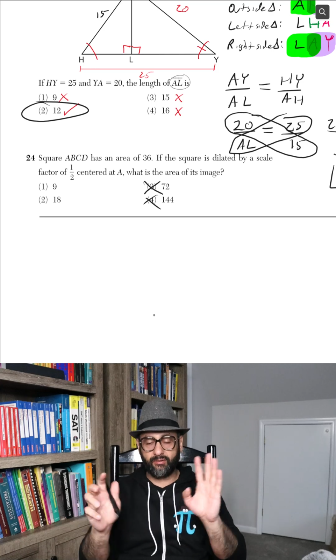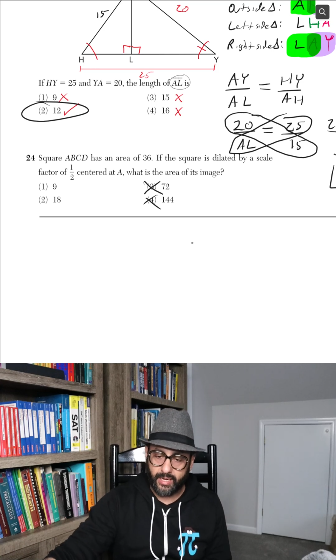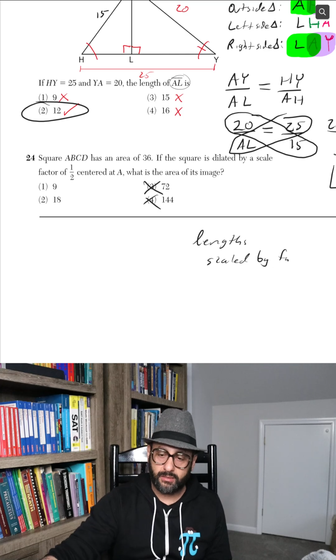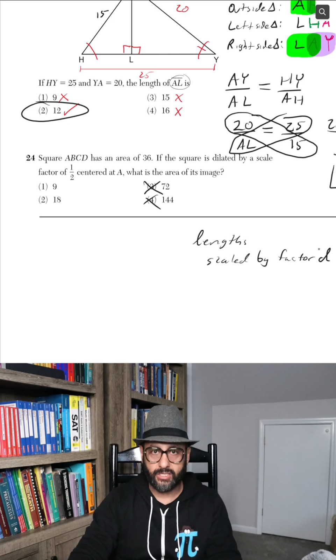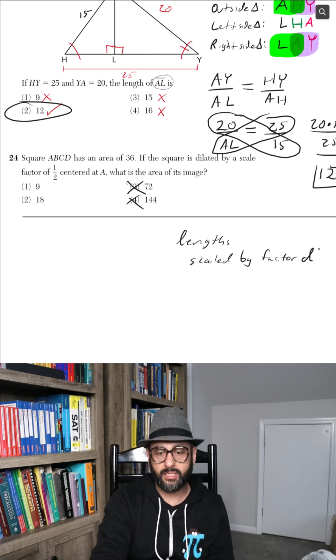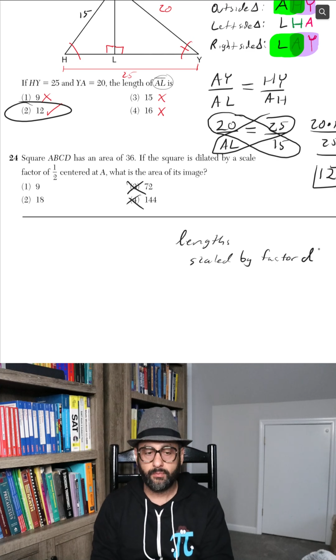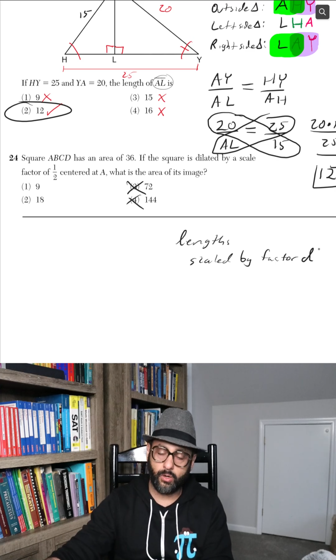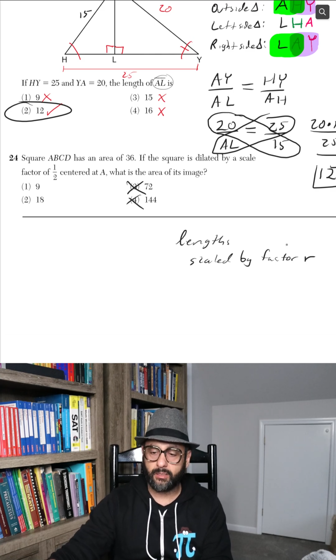That's actually usually the scale factor D. So lengths scaled by a factor D, little d, for dilation, or R. Let's use R. I like R. Okay? Length scaled by a factor of R.